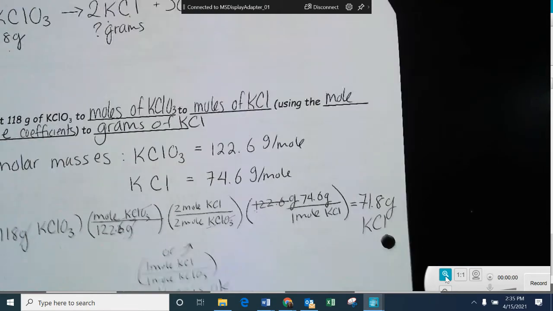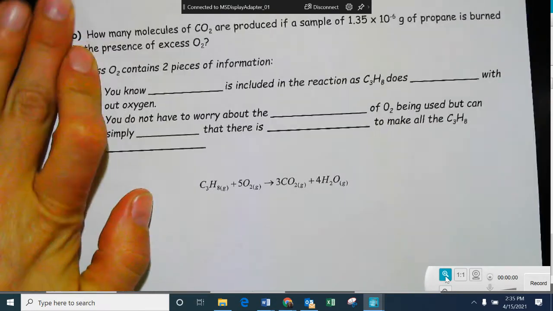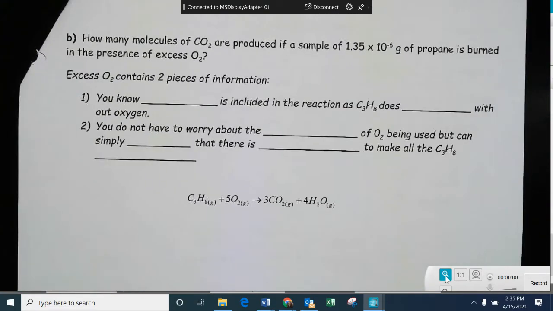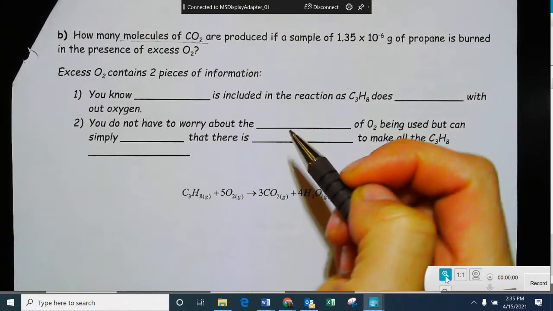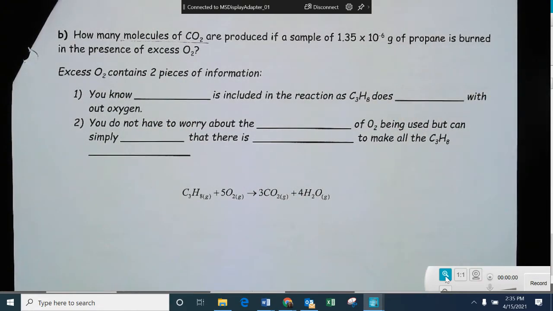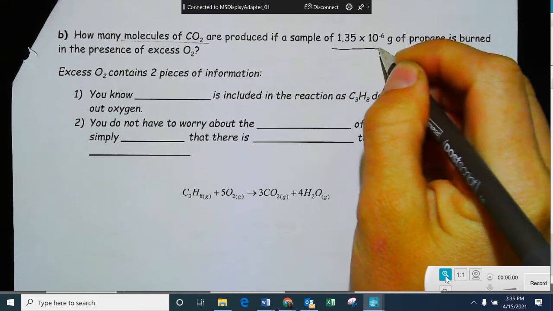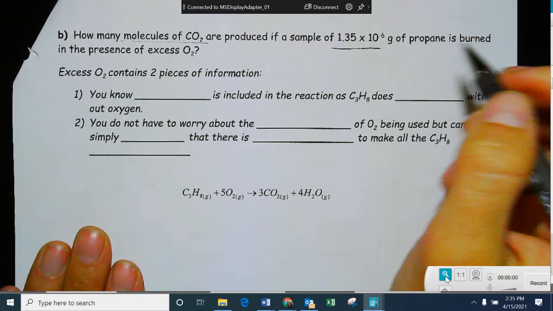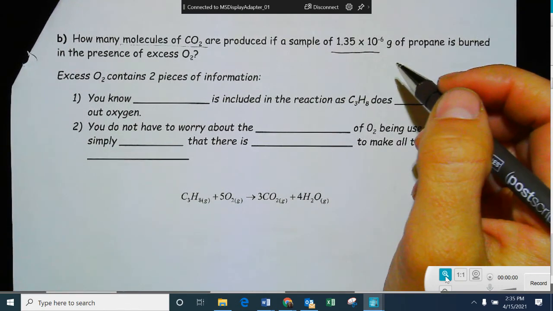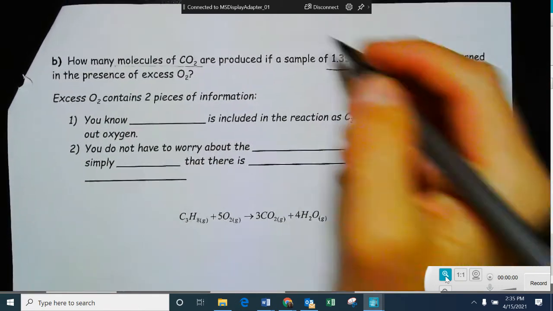Okay, so there's going to be a part B to this, which is how many molecules of CO2 are produced if a sample of 1.35 times 10 to the negative 6 grams of propane is burned. I'm just going to rewrite the equation above this so we can reference it.